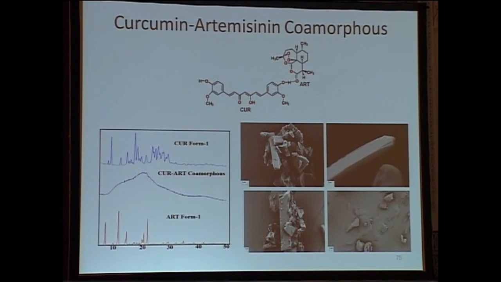We got a coamorphous solid dispersion, because the only kind of interaction that one can visualize here is a single hydrogen bond from curcumin to the carbonyl group of artemisinin. This is the coamorphous material whose FESEM image is shown to the bottom right. This is curcumin, this is artemisinin, this is the physical mixture. So it's a highly nano-sized particle distribution in the coamorphous curcumin-artemisinin 1:1 mixture.